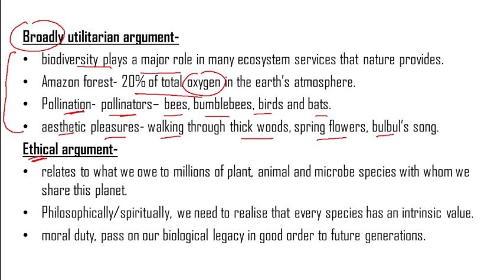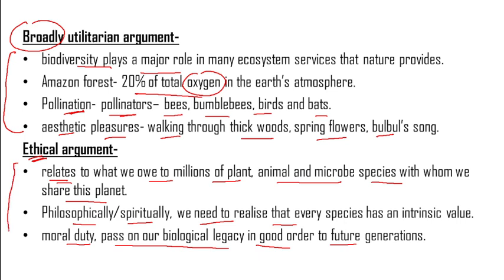Then there is the ethical argument in support. It relates to what we owe to millions of plants, animals, and micro species with whom we share this planet. Philosophically, spiritually, we need to realize that every species has an intrinsic value, and it is our moral duty to pass on our biological legacy in good order to future generations.